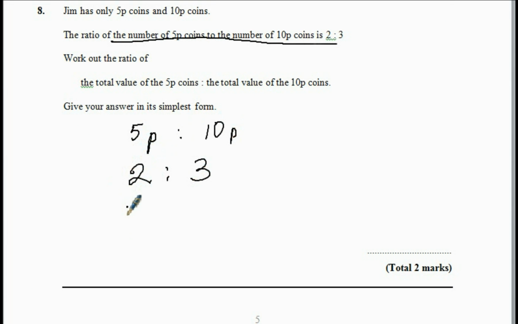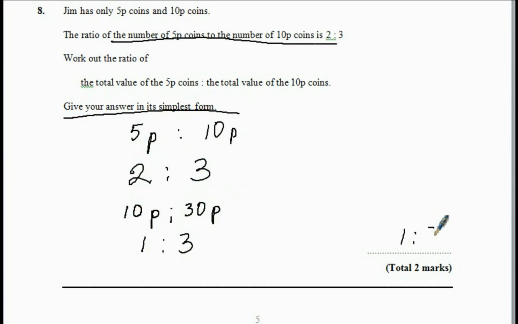So I can multiply by 5p and get 10p for the left side, and 3 parts, each part would be 10p, so this would be 30p. Now we need to give our answer in simplest form, so we'll divide by 10 and we'll get 1 to 3. That's it. That was the entire question.